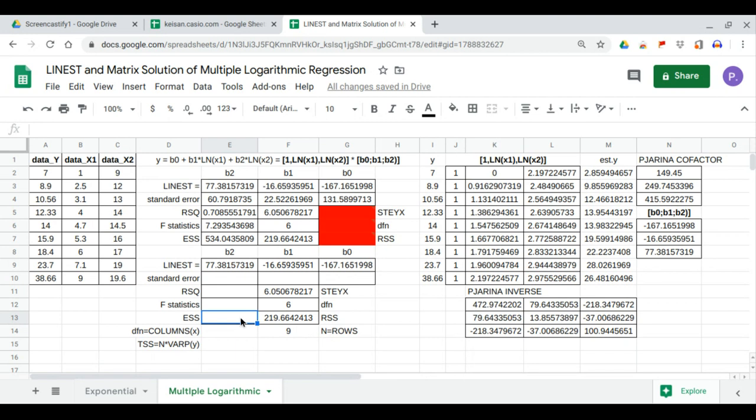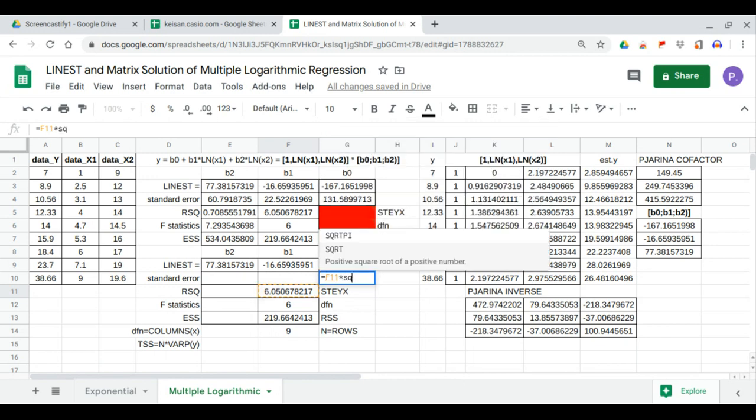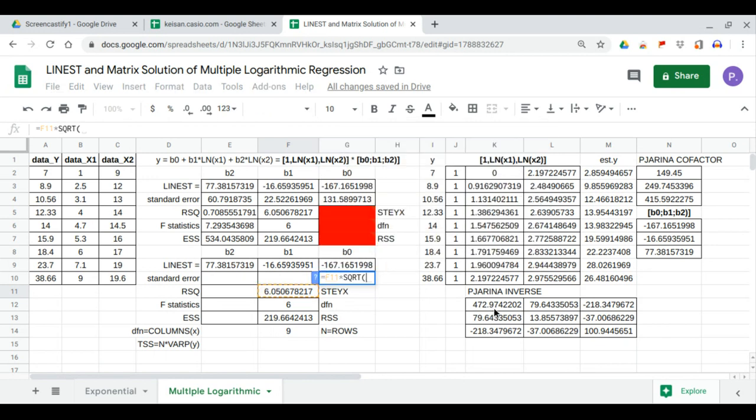Next, we calculate the standard error value of the intercept, or b0, which is equal to s_y.x times the square root of the pre-inverse 1, 131.5899, which matches our LINEST output.